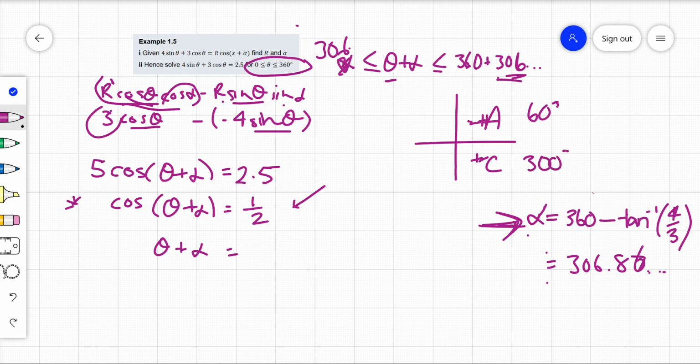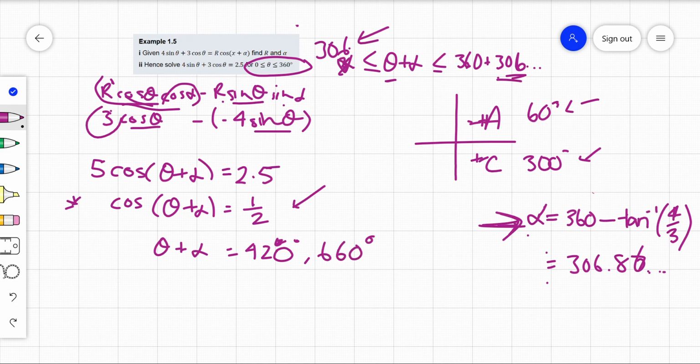But if I add 306 to my limits, I'm almost going round twice. So I'm going to add 360 to each of these. That would be 360 plus 60, which is 420, and then 300 plus 360, so I'm looking at 660 here.